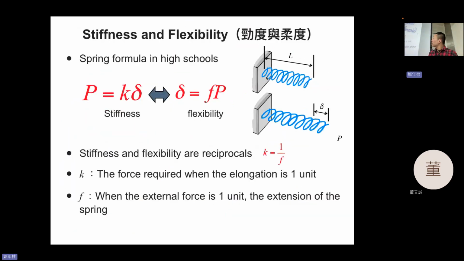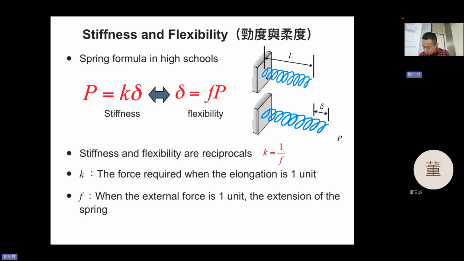Just a quick recap: we're going to use P equal to K delta to describe the deformation of a bar subjected to a force.